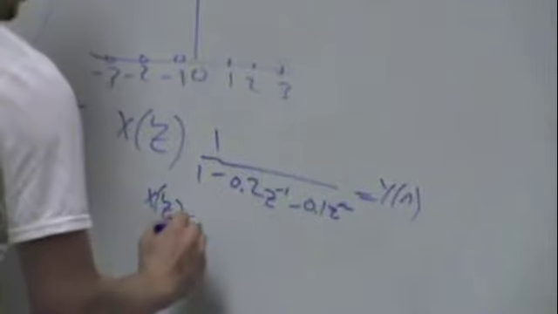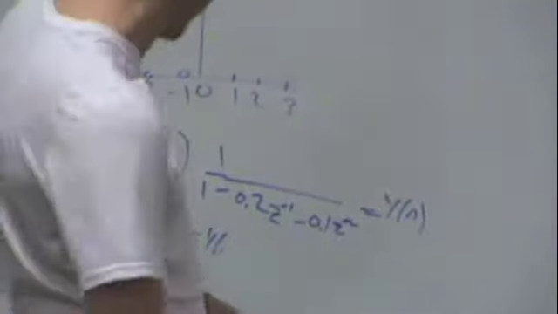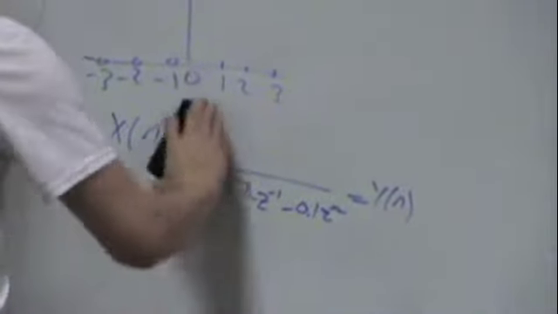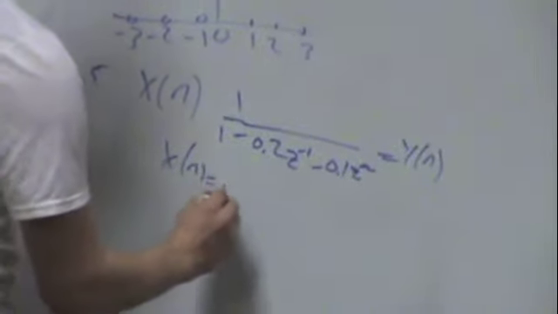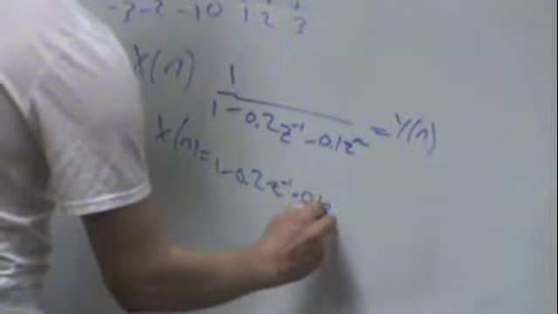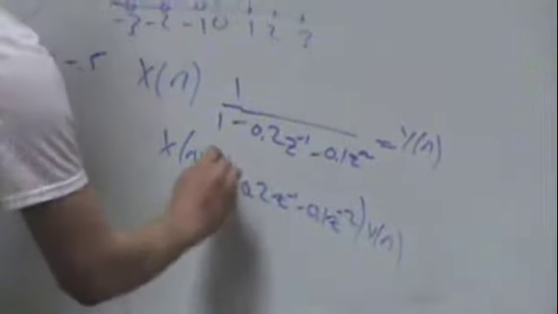Multiply this on both sides. Now we're in discrete stuff, so this should be x of n. X of n equals 1 minus 0.2 z negative 1 minus 0.1 z negative 2 times y of n. Okay, so that's all multiplied.